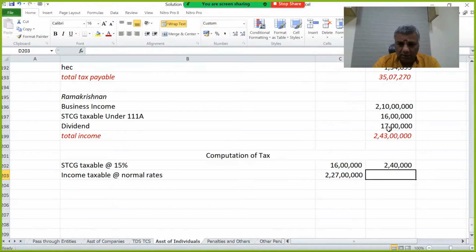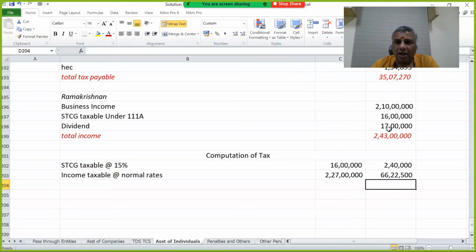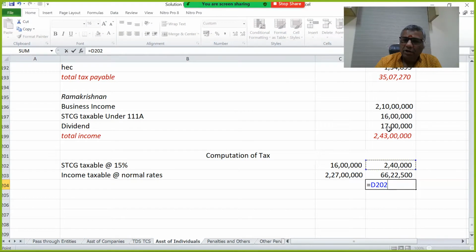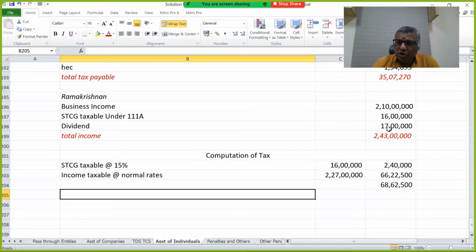For that the formula remains: this minus 10 lakhs into 30% plus 1,12,500, which gives 66 lakhs 22,500. For 16 lakhs it is at 15%. So I have the total base tax as 68,62,500.